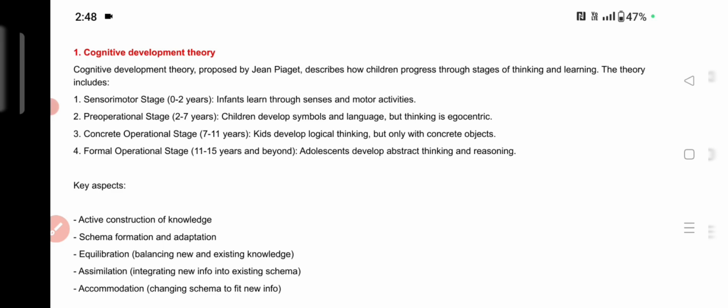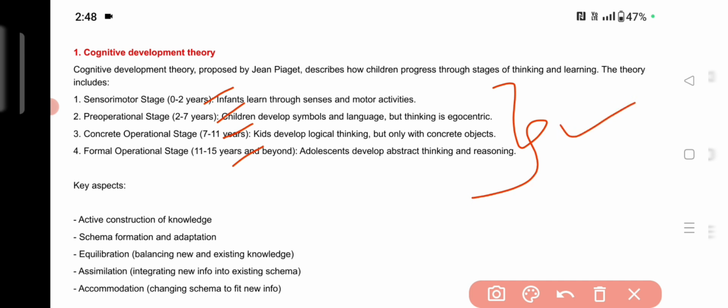And you should also know the age ranges of each stage and what they will learn in these stages. You need to remember all these, then only you can attempt the bits and examinations.